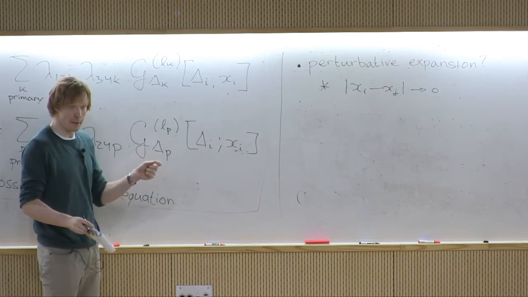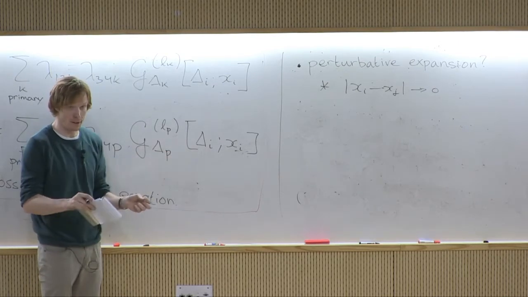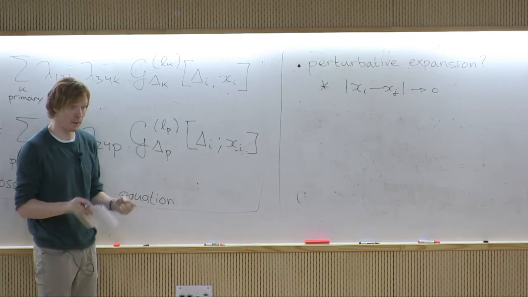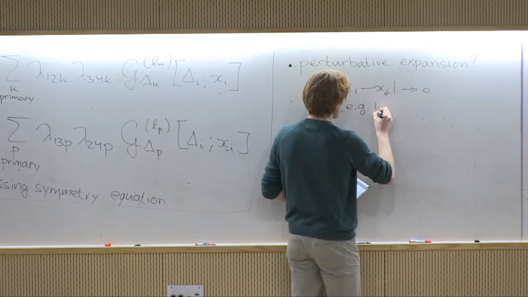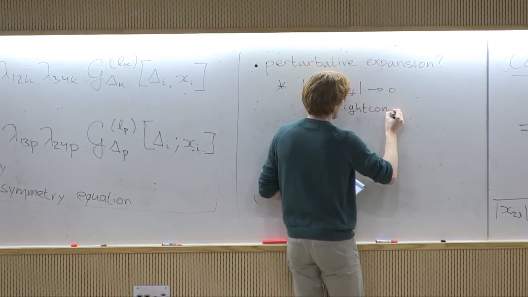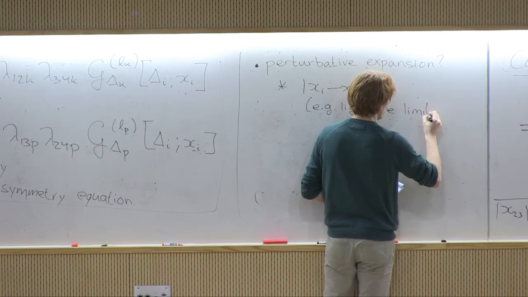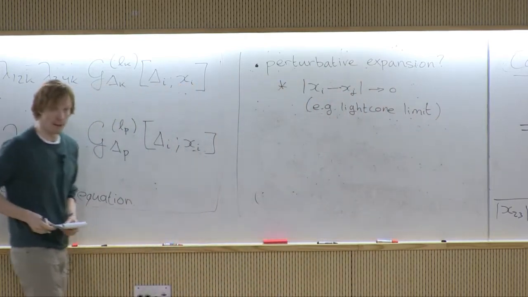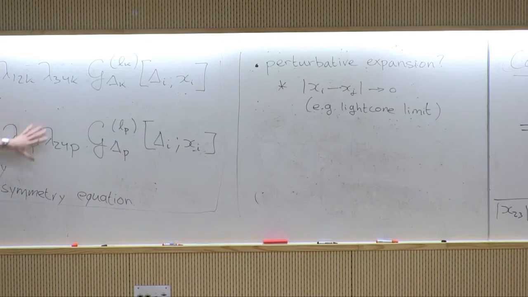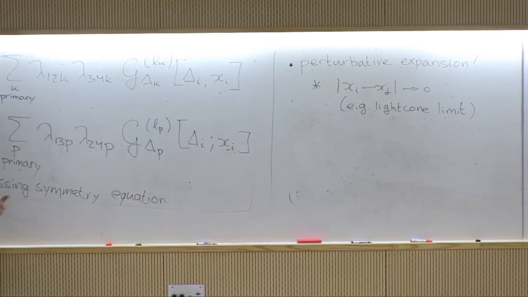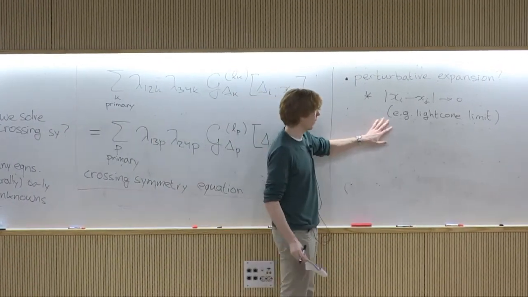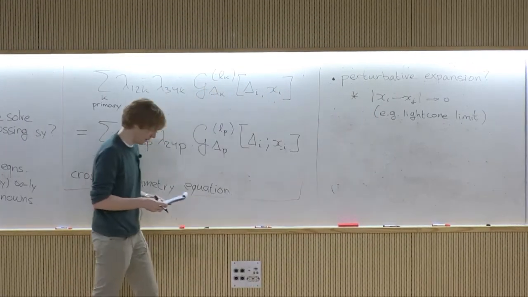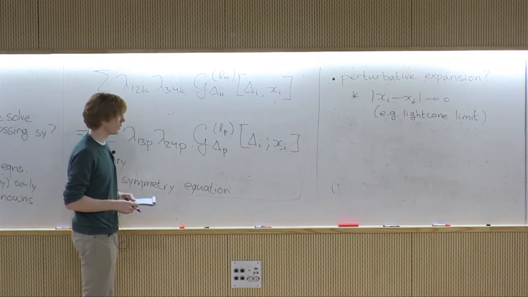But you can also imagine doing an analytic continuation in time to Lorentzian space and then taking a light cone limit. I'm not being very precise here, but there is a light cone limit where you can actually say something very nice about these crossing equations. You cannot solve them, but you can get some super nice consistency conditions from studying these crossing equations in the light cone limit, which I won't have time to discuss.